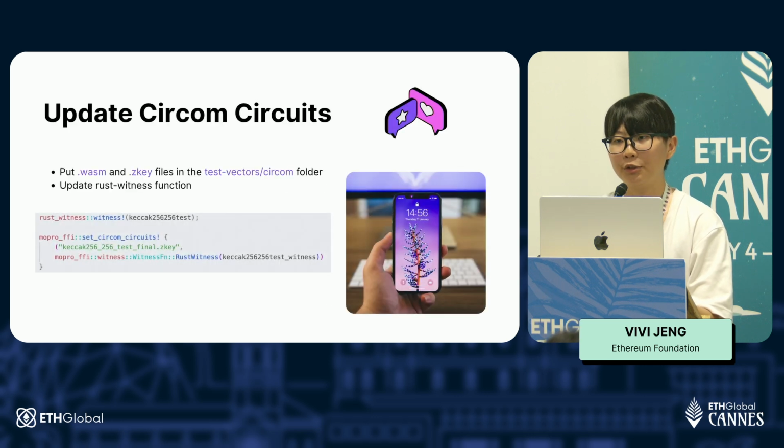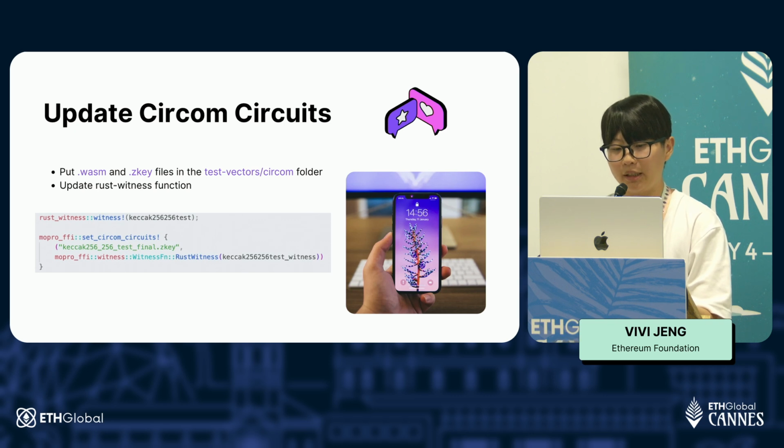And if you want to use the templates and want to update, for example, Circom circuits, then you just put the WASM and zkey in the folder you created with mopro init, and you have to update the Rust witness function.